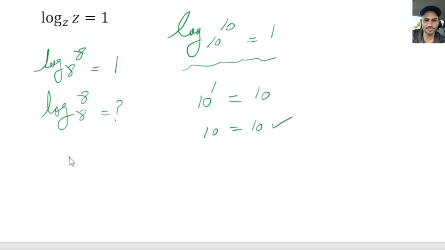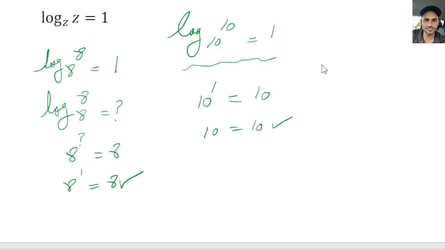Well, 8 raised to this unknown must be equal to 8. So that unknown has to be 1. So 8 to the 1 equals 8. So this is true right here. So no matter what the base is, as long as the number that we're taking the log of is the same as the base, the answer is always equal to 1.